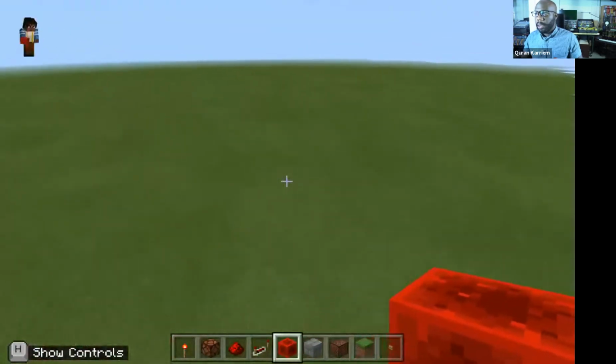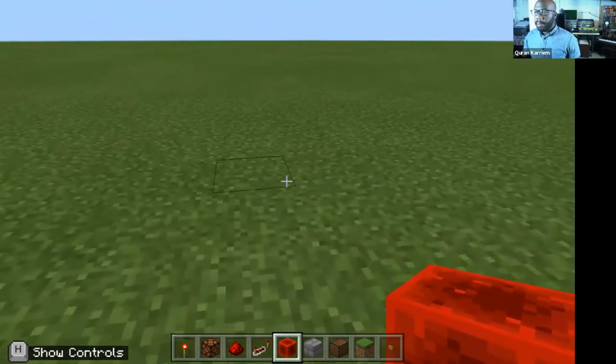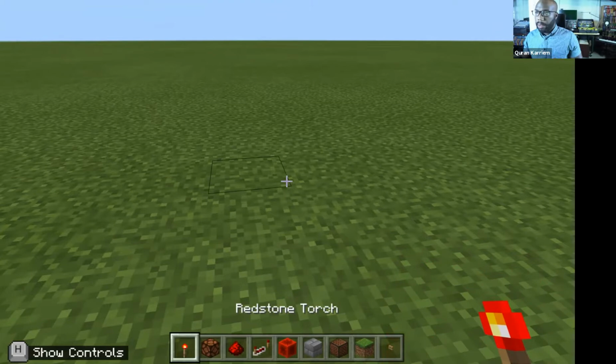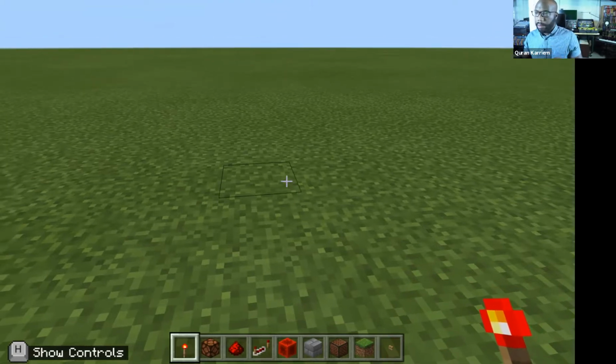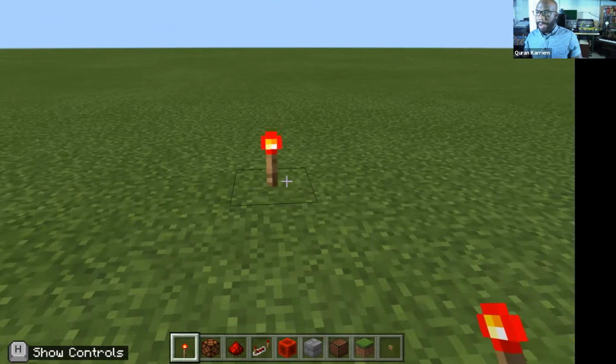Let's come over here. I talked a little bit last time about the direction that the redstone energy flows, and it just flows away from the power sources.